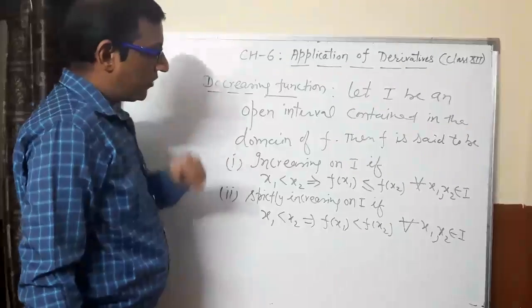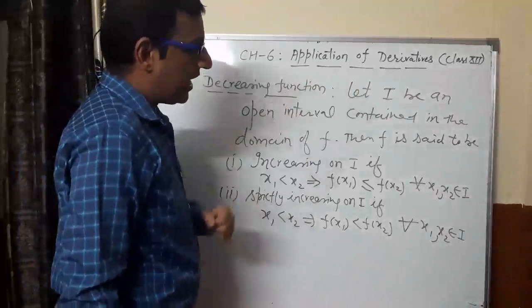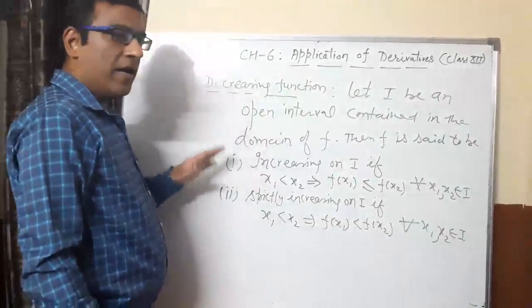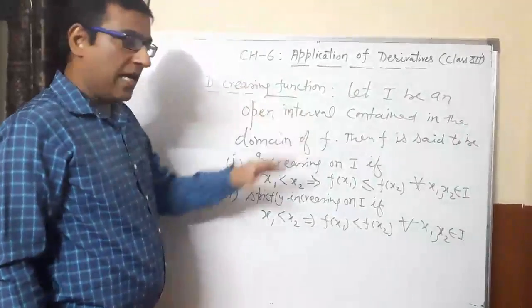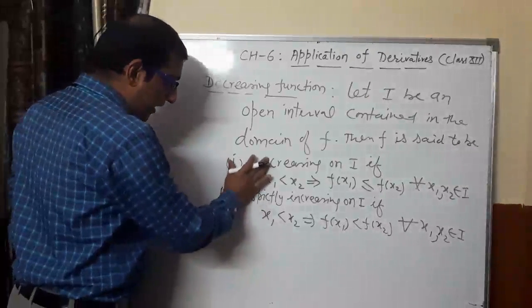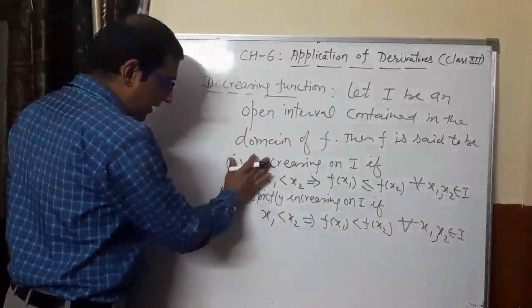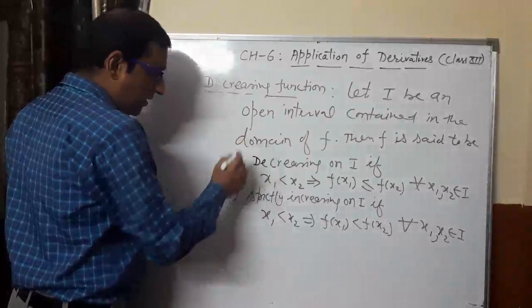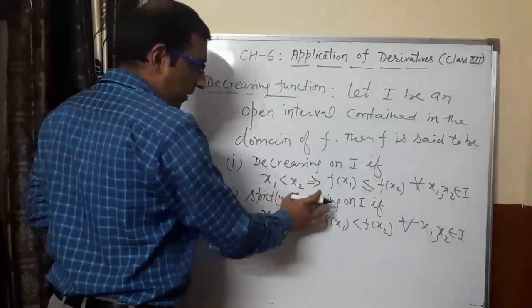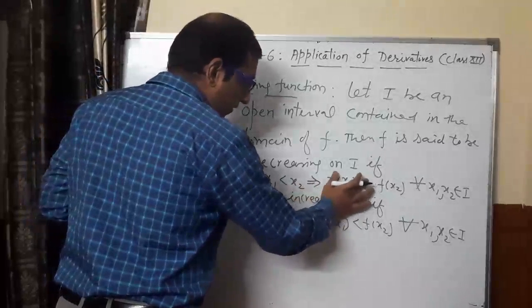The definition of decreasing function is: let I be an open interval contained in the domain of real valued function f. Then f is said to be decreasing on I if x1 less than x2 implies f(x1) is greater than or equal to f(x2); note the symbol will change.